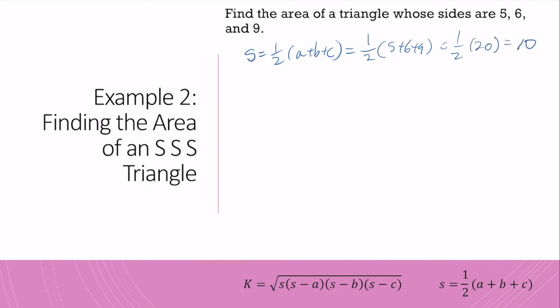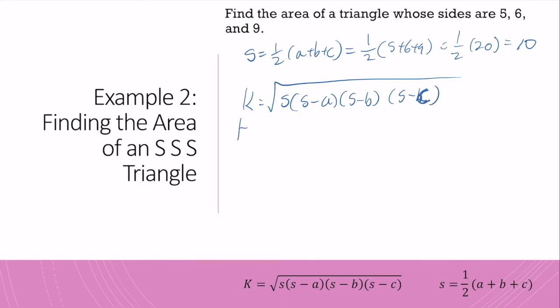Now I have K, and K is the square root of S times S minus each length of the three sides of the triangle. So K is the square root of 10 times 10 minus 5 times 10 minus 6 times 10 minus 9.